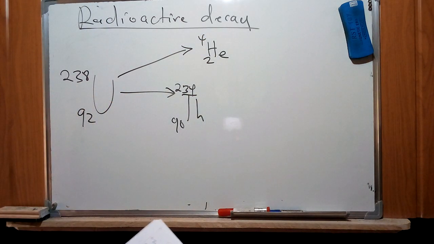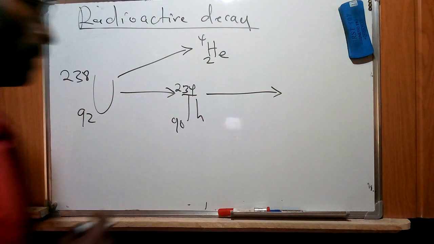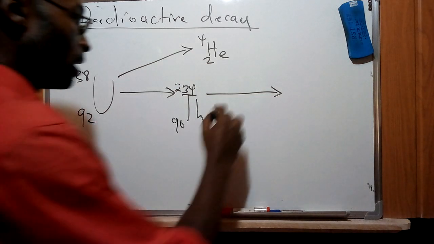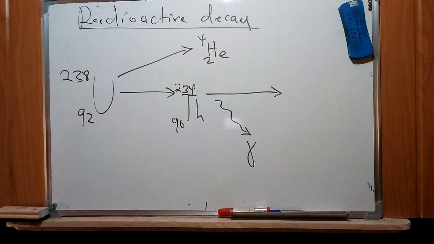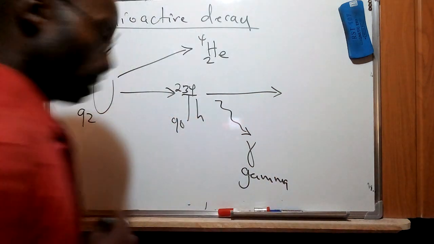So in this case, of course, we said that gamma radiation happens due to a subsequent decay. So therefore, for that second decay, we shall have a radiation which is a gamma radiation, which I'm going to denote as gamma, as that.